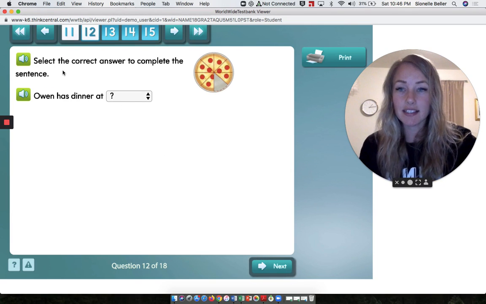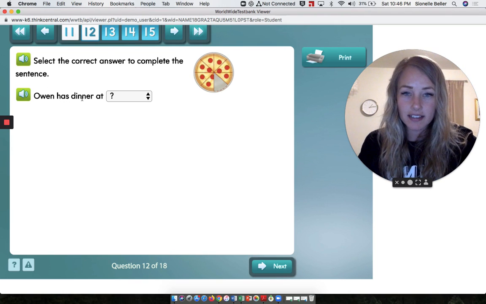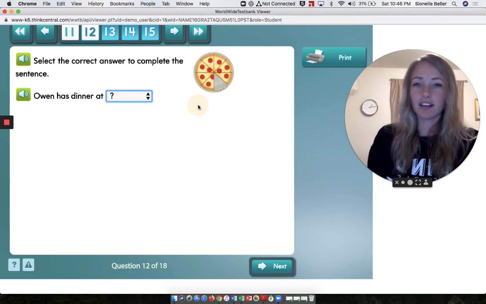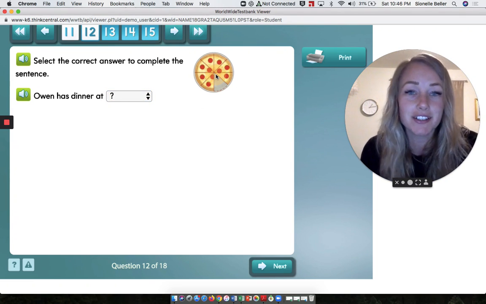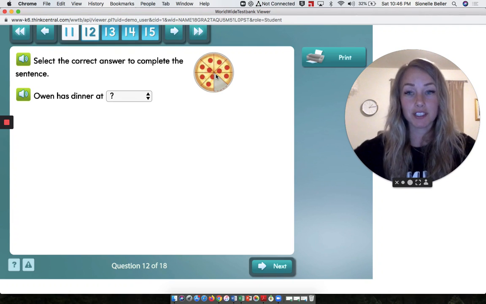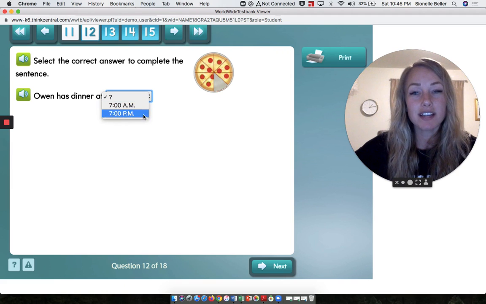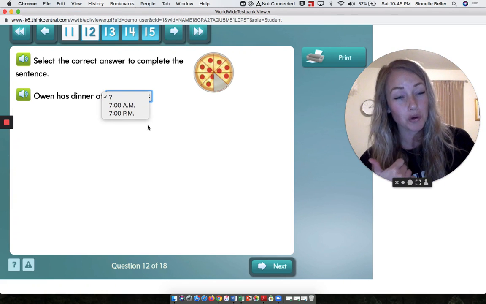Next one says, select the correct answer to complete this sentence. Owen has dinner at... Oh, okay, sorry. I thought they were trying to make the pizza a clock, but it's just a picture of pizza, saying maybe he had pizza for dinner, okay? We have to decide what time would make sense for Owen to have dinner. Remember, AM is morning before 12 o'clock noon.